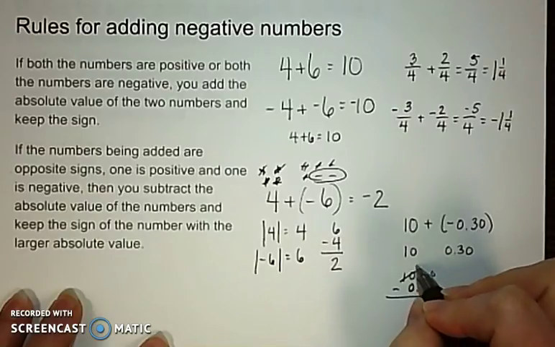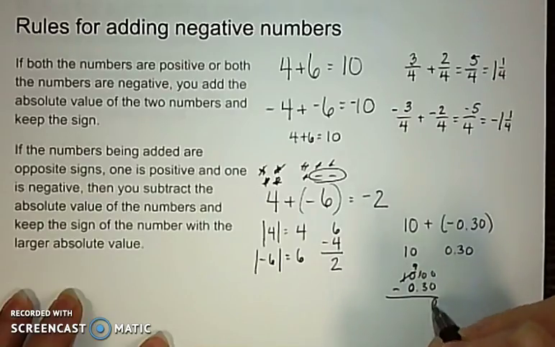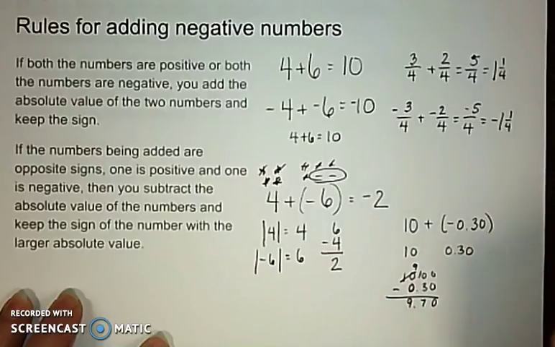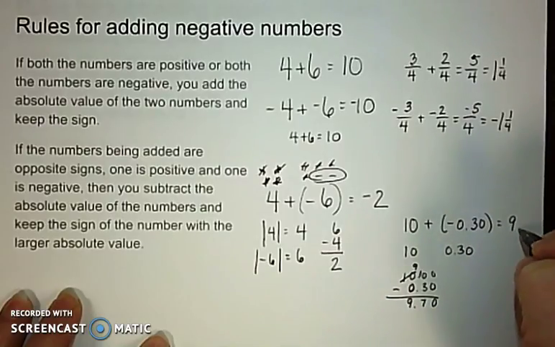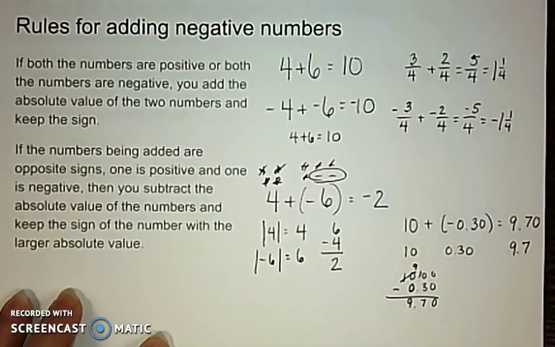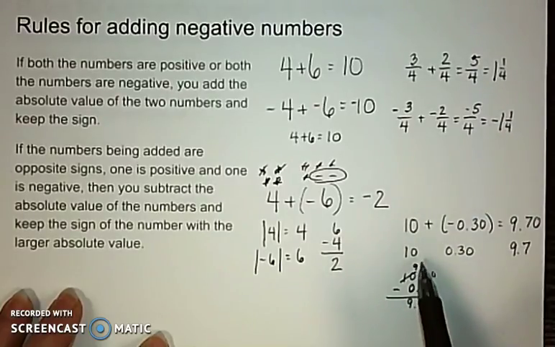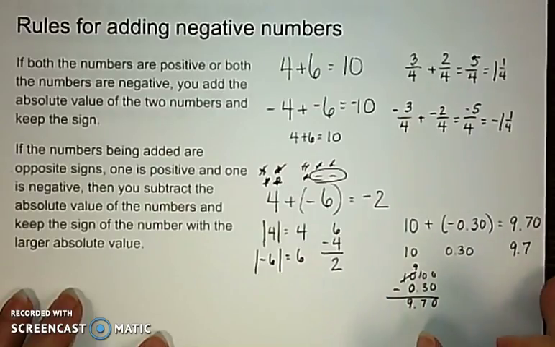I'm going to have to borrow over here. And I get 9 70 hundredths, or 9 7 tenths. When I go back to look at this, 10 had the larger absolute value, and it's positive, so my answer is positive.